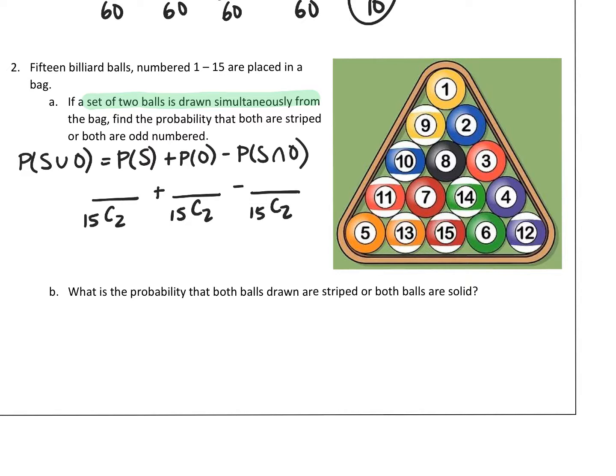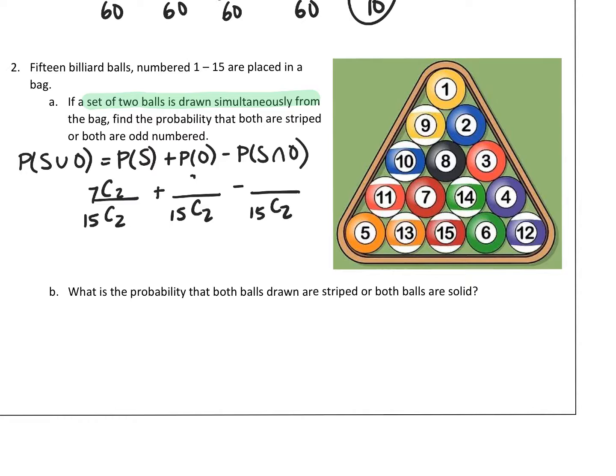Okay, denominator stays the same on every single one of them. Now, the first scenario is find the probability that both are striped. So I'm still going to choose 2 balls out, but now instead of having 15 to pick from, I'm only going to pick from the striped ones. So I've got 1, 2, 3, 4, 5, 6, 7 that are striped.